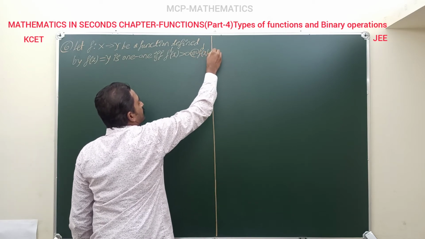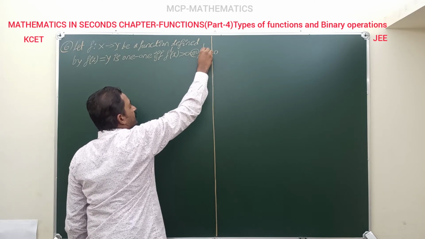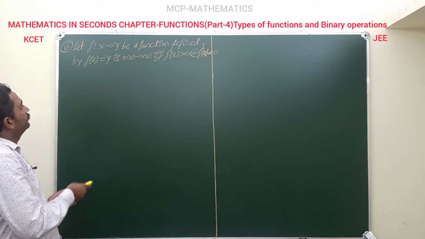It means strictly increasing or strictly decreasing function. So any strictly increasing or decreasing function is always one-one. Take one example in this case.